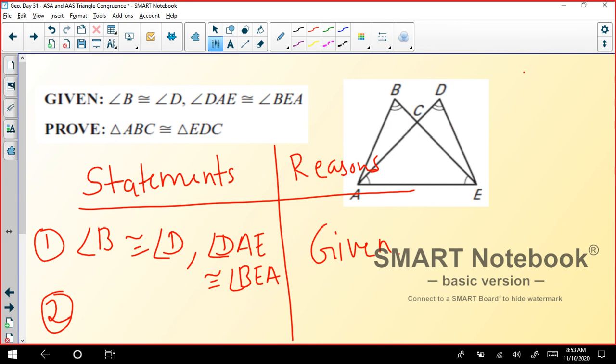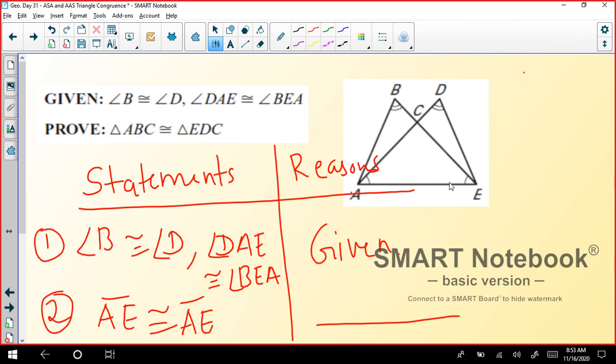The second step, you have two angles which are congruent. I need a side. Let's see what side I can find. I can't say BA is congruent to DE, nothing is given. I can't say AD is congruent to BE, that is also not given. But I can say AE is congruent to AE. So list out the reason for that. I'm saying AE is congruent to AE. Use your chat and list the reason for this.